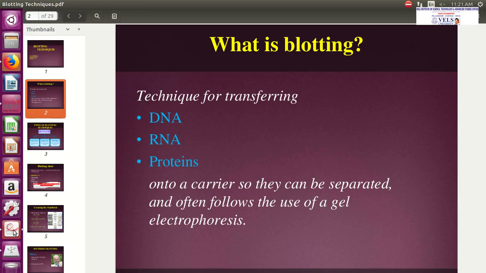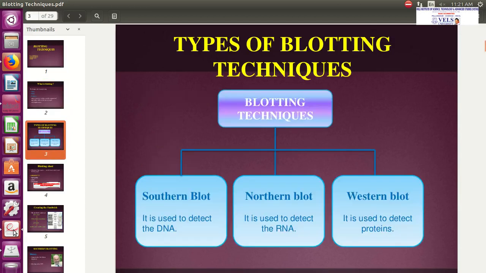We will go to the types of blotting techniques. There are three types: northern blotting, western blotting and southern blotting.